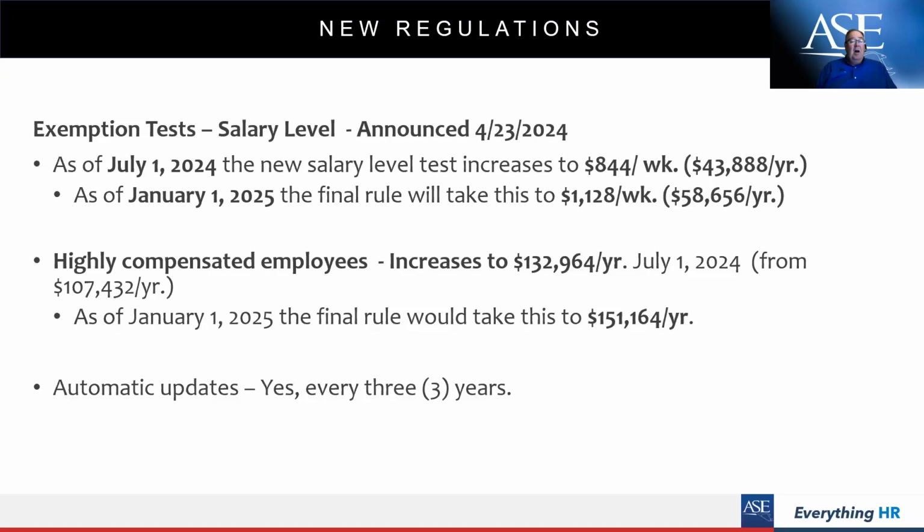And there are updates based on cost of living every 3 years. So we will see going forward if these regulations are allowed to do so. Big qualification there. If these regulations are allowed to do so, they will adjust every 3 years, which means employers will have to go through what we're doing now in preparation again in July of 2027.